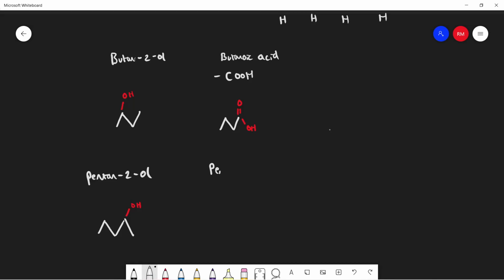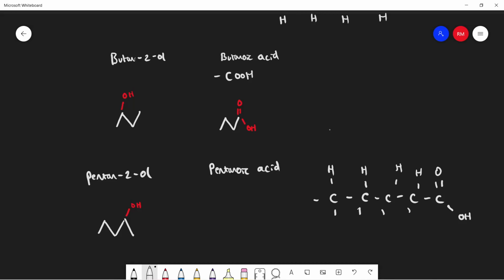And then do the same for pentanoic acid. Just right here, draw the skeletal formula for pentanoic acid. On the other side, I will draw the displayed formula. Alright, so you should have drawn that by now.